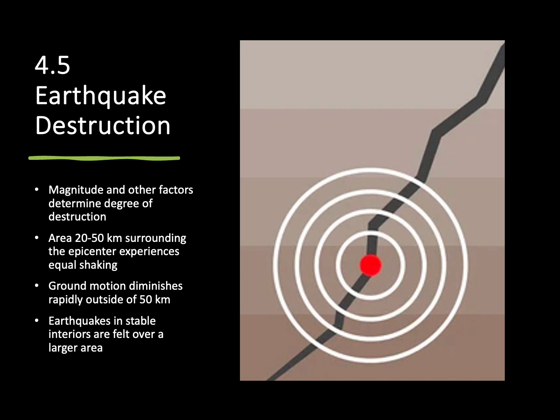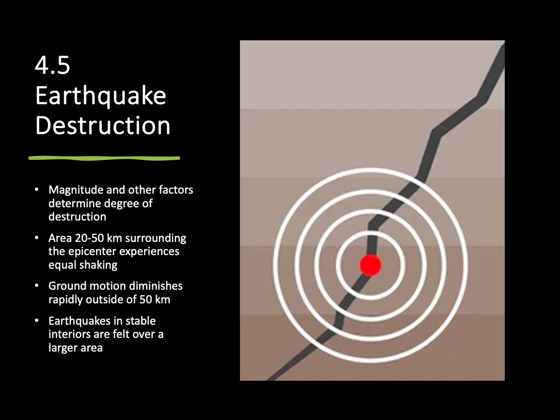When we're looking at our earthquake, the epicenter, the area on the surface that experiences the greatest amount of shaking, we're going to see that for around 50 kilometers, or about 30 miles surrounding that epicenter, all of that area is going to experience an equal amount of shaking. So it doesn't matter if the earthquake happened right underneath Orlando or if it happened 20 miles away.